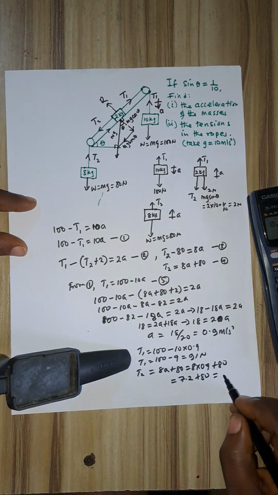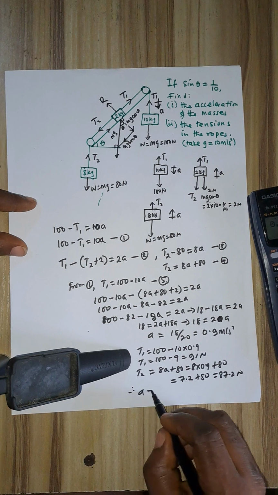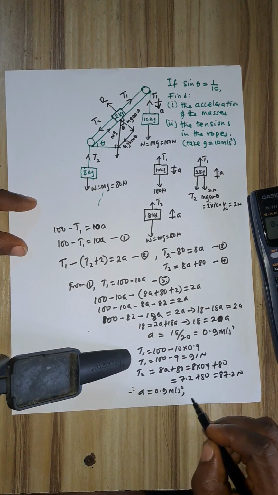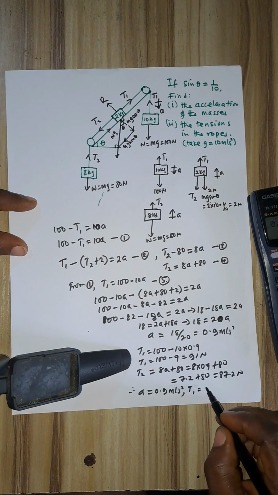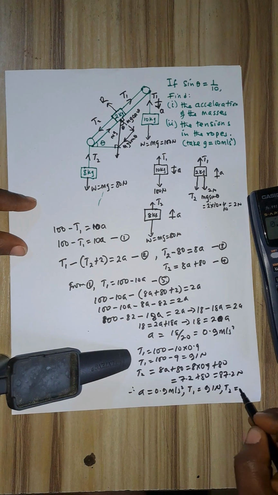That gives us 87.2 Newton. Therefore, a equals 0.9 meter per second squared, T1 equals 91 Newton, and T2 equals 87.2 Newton. Thank you very much.